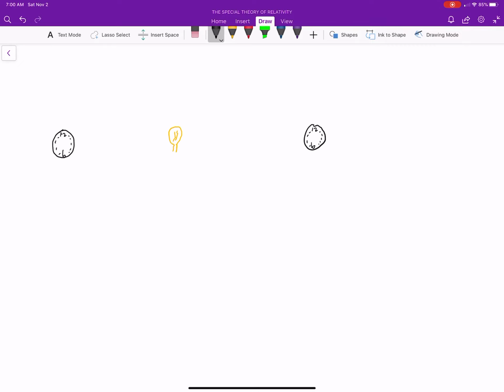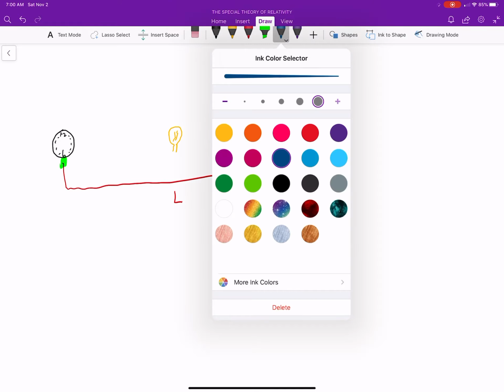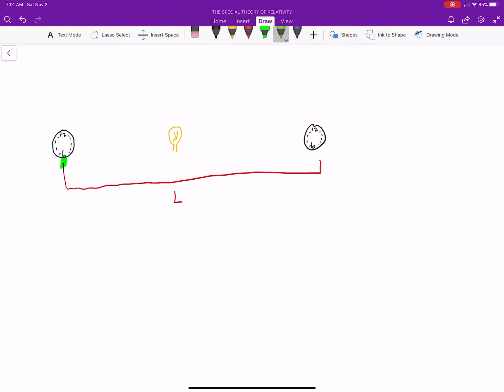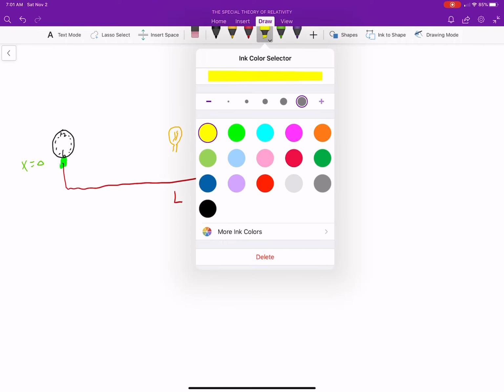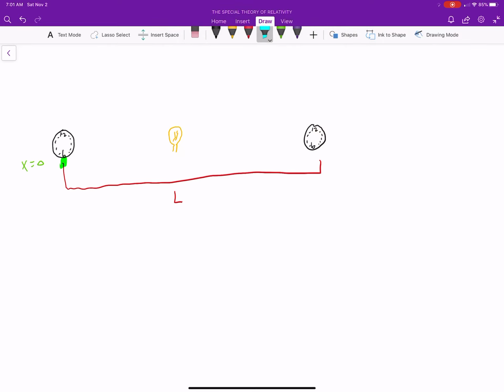Now, let's say that the distance from this clock to this clock is a distance L. In other words, this spot right here, I'll use green, we'll say that's x equals 0. And let's not use yellow because that's used for light a lot.